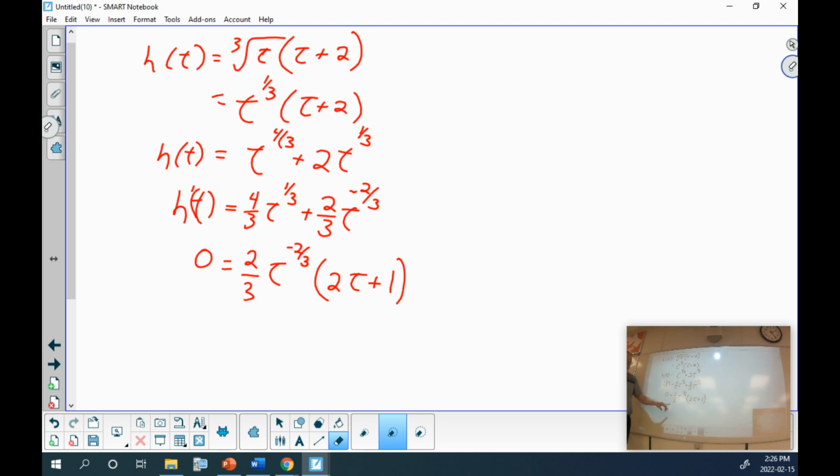Then I could solve this. The first factor would not have a solution because it's 2 over 3 times t to the power of 2/3. Anytime you have a denominator, you can never make it 0, and our one solution would be -1/2.